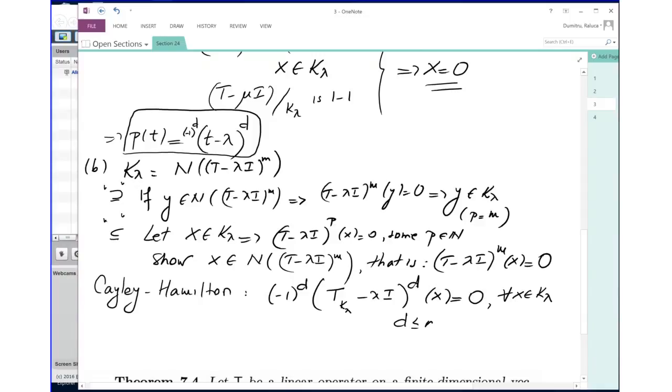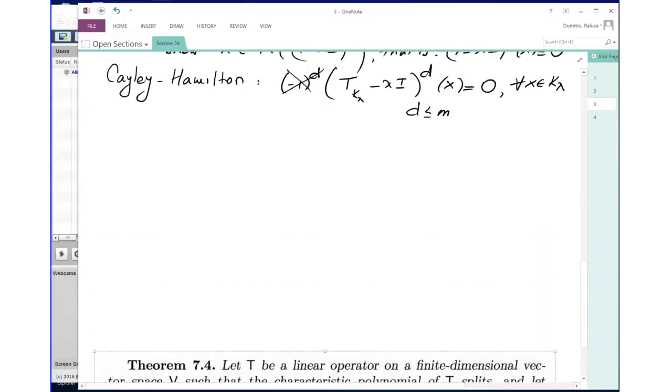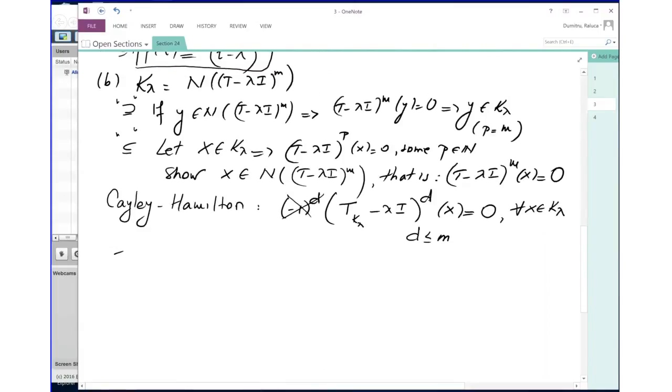And D, we've seen, is at most M. This (-1) to the D really doesn't matter, right? It's just something that equals 0 in the end, so it doesn't influence anything. Okay. And I'm applying this to vectors in K lambda, so I can just rewrite it like this. T or the restriction, it doesn't matter what I write because I'm still applying it to vectors in K lambda. And D is some number less than or equal to M.